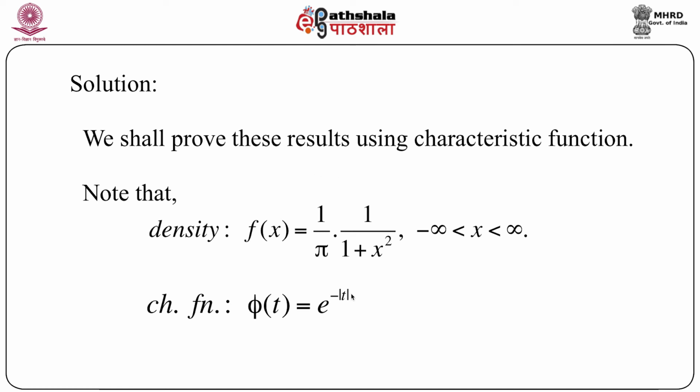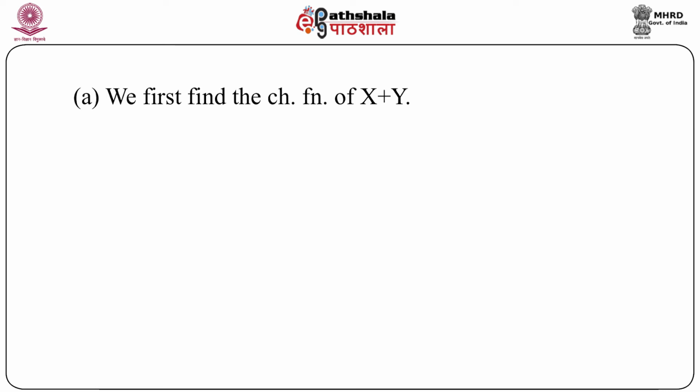As you recall, this characteristic function is nothing but the density of the double exponential Laplace distribution except the normalizing factor, and the characteristic function of the Laplace distribution is nothing but 1 by 1 plus t square, which has the exact form of the density of the Cauchy distribution without the normalizing factor. So it is very interesting to note that there is a kind of correspondence between the density function and the characteristic functions between the Cauchy distribution and the Laplace distribution.